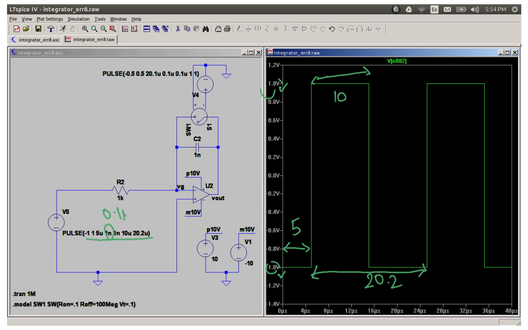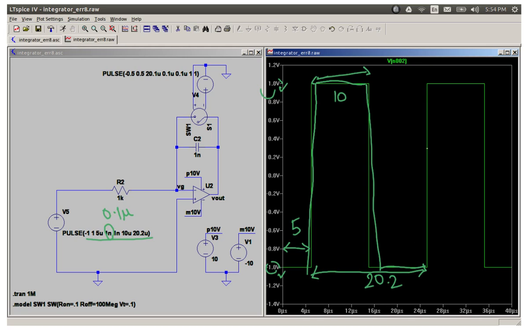0.1 microsecond. So if I take 0.1 microsecond to rise and 0.1 microsecond to fall, then if I want the part that's high to be exactly the part that's low, then you need to subtract the rise and fall time from it.